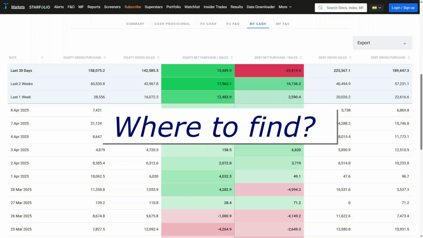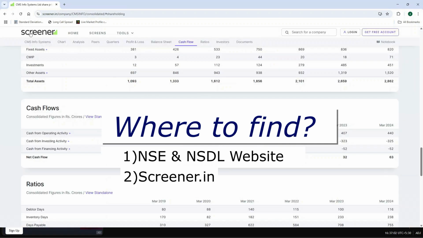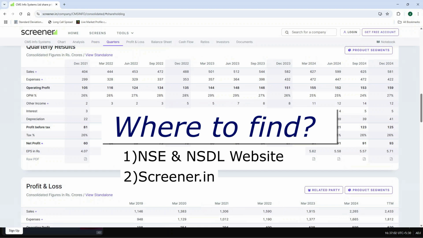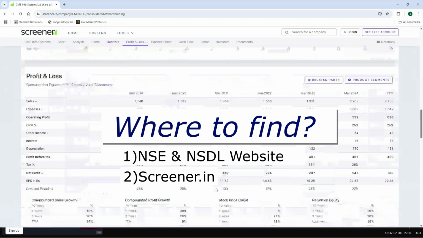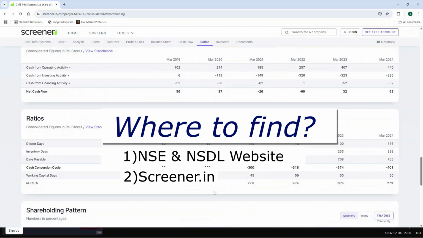So where do we find this reliable data? So first thing is you can go directly onto the NSE website itself. Here daily data will be provided, and you can go on to screener.in, where all the fundamental data is compiled, including quarterly results, P&L statements, FII data, DII data, everything.